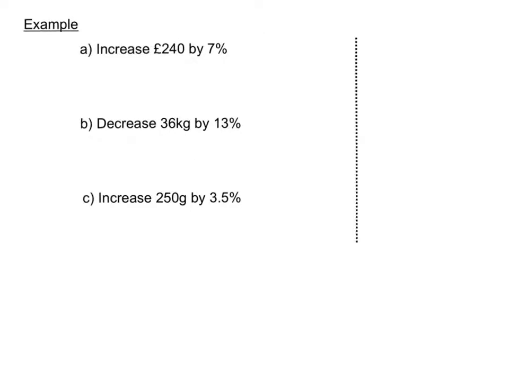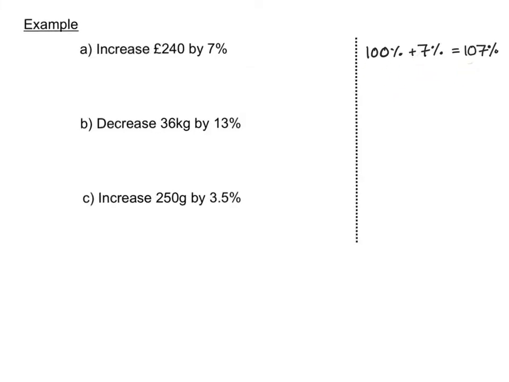What this allows us to do is increase or decrease an amount by a percentage very quickly. Taking a look at this first example, we're asked to increase £240 by 7%. On the previous slide, we looked at increasing something by 7%. I'm starting off with 100%, and I'm asked to add on 7% to that, which leaves me with 107%.